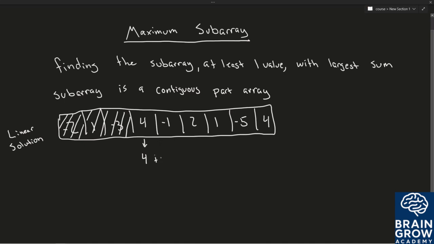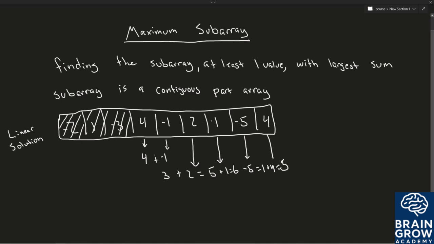Okay, so we start out at 4 now, and we add -1. So now we're at 3. So we bring down this 2. So now we add 2. And now we're at 5, bring down the 1, now we're at 6, and if we bring down this -5, now we're at 1, plus 4 is equal to 5.